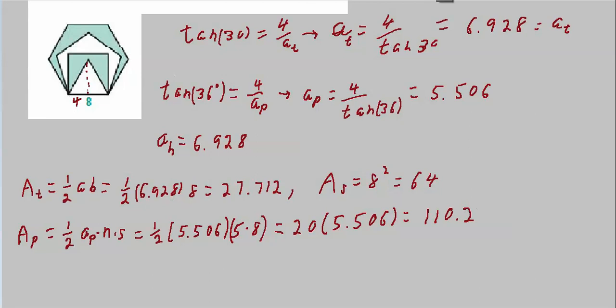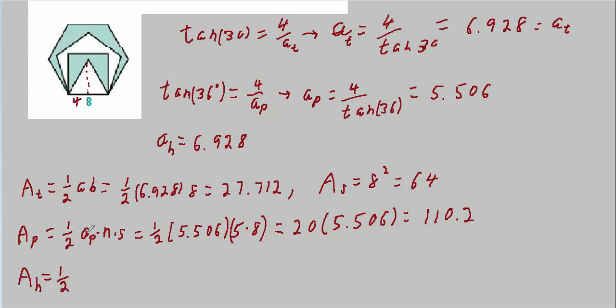And for the hexagon, we're going to do exactly the same thing. The only difference is A is going to be A sub h, which we already figured out right here. So for this one, we've got the general formula written right up here, except that we need A sub h.